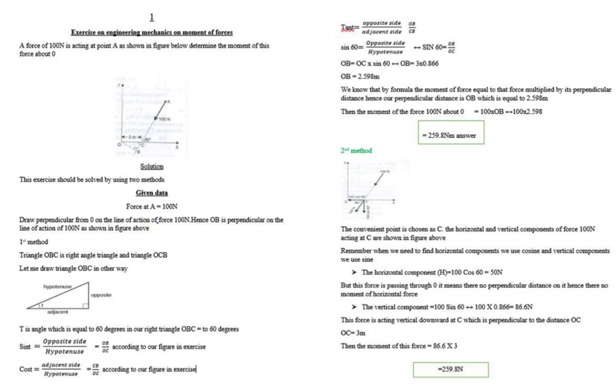Remember, when you need to find the horizontal component, we use cosine, and for the vertical component we use sine. It means that the horizontal component will be 100 Newton times cosine 60, which is equal to 50 Newton.